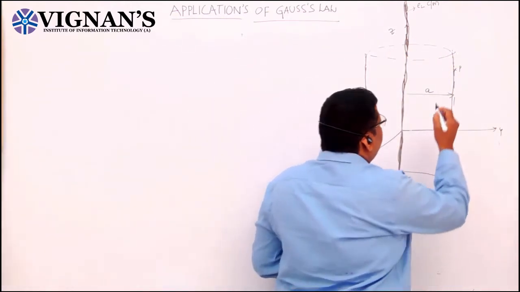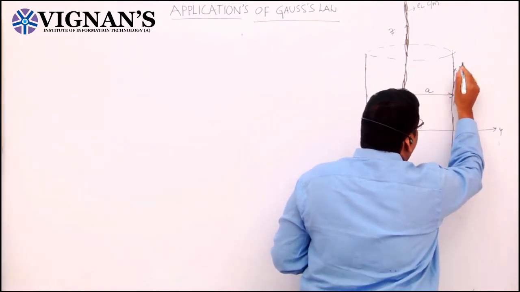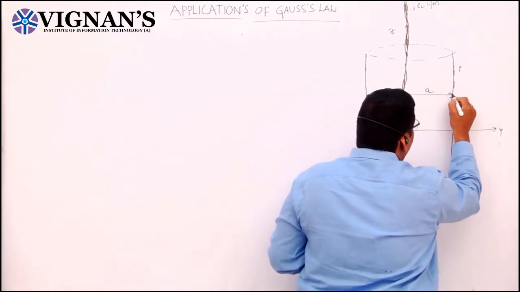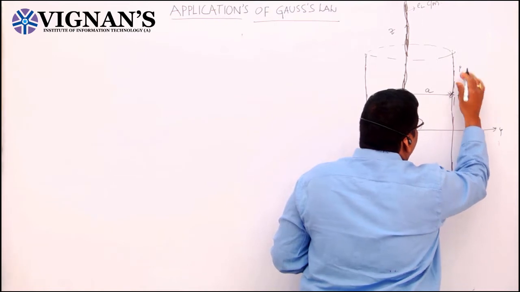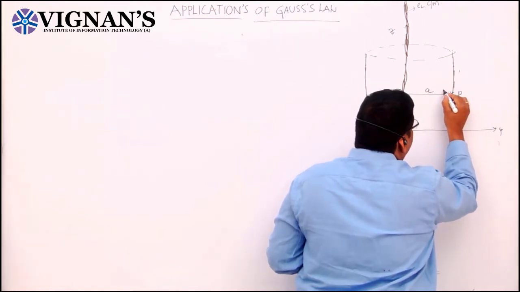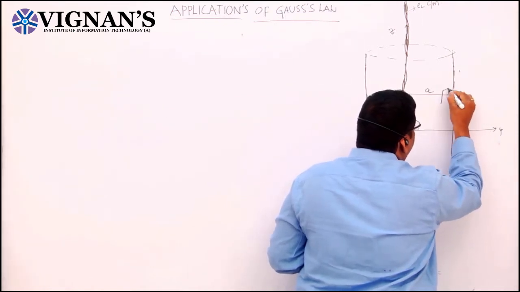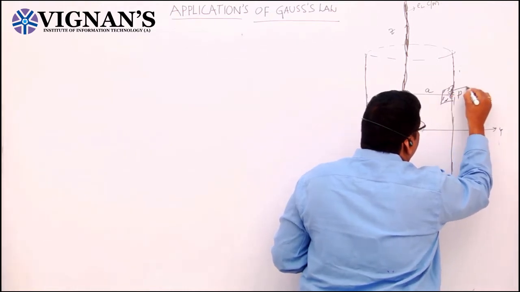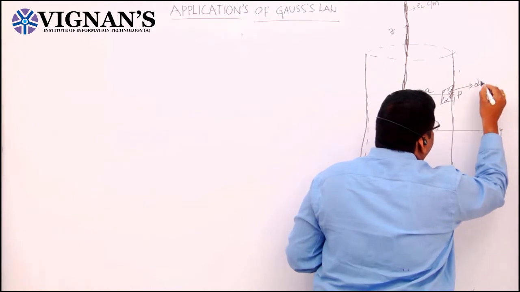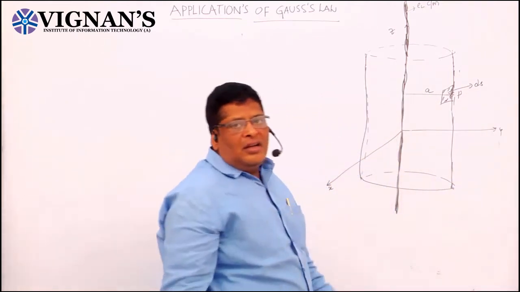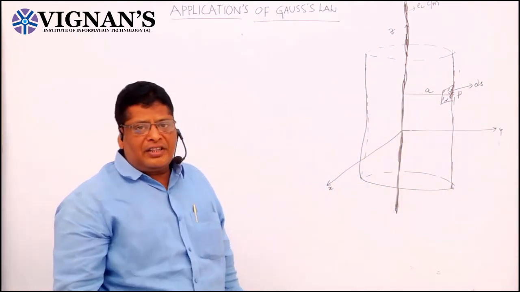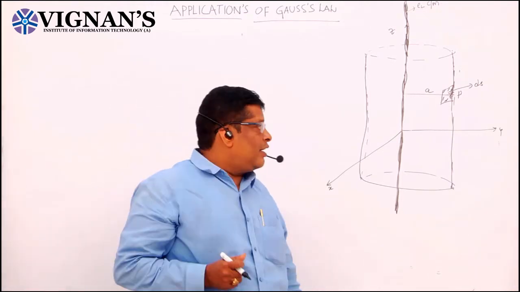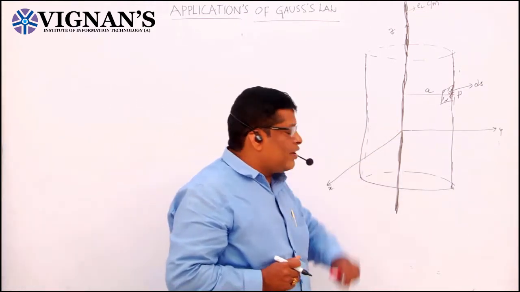This is the point P. Now at this point consider the differential surface area. This is the differential surface area ds. The differential surface area is nothing but a small surface area that is shown in the figure.